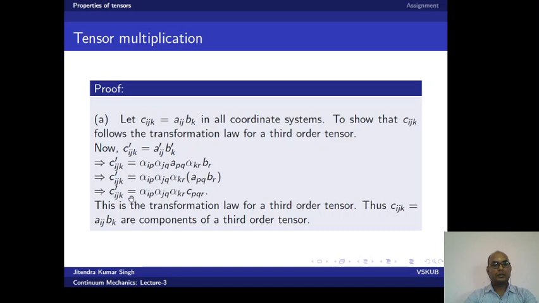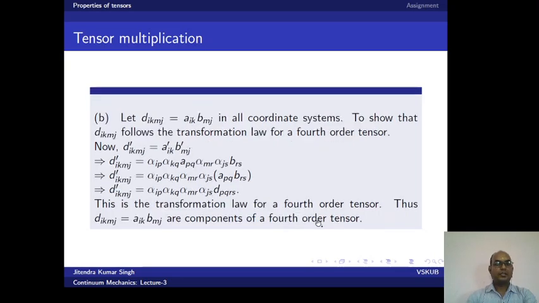This implies Cijk dash is equal to alpha Ip, alpha Jq, alpha Kr, and by the rule where I defined Cijk is equal to Aij Bk, we can write Apq Br as Cpqr. Since this is the transformation law for a third order tensor, Cijk, which is equal to Aij Bk, are components of a third order tensor.